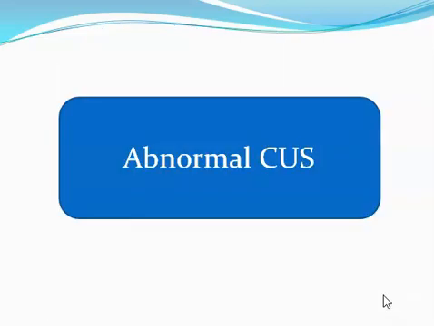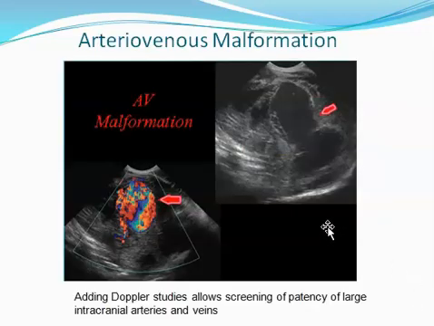Now we will just look for some of the abnormal cranial ultrasound images. If you look at this image, this is the grayscale image, and you see the big anechoic areas. You can misinterpret it as a dilated ventricle, but now look at the importance of the Doppler role over here.